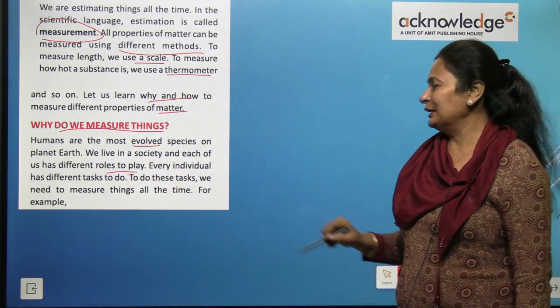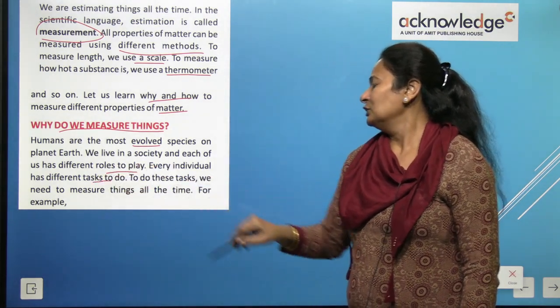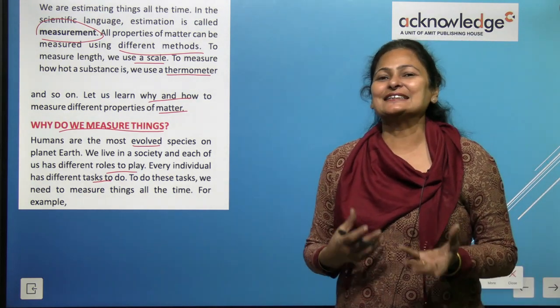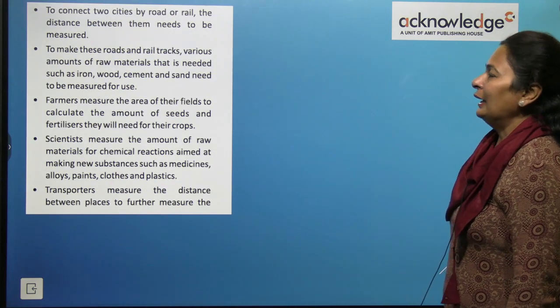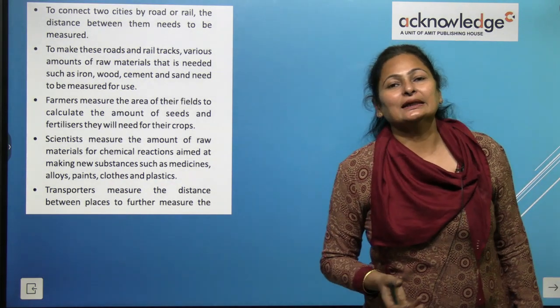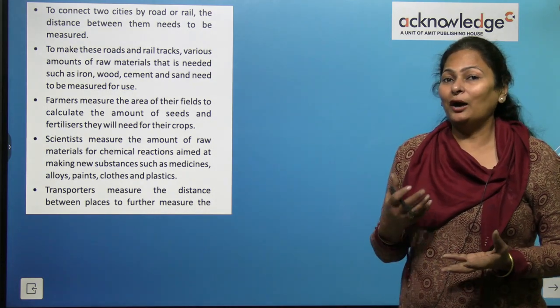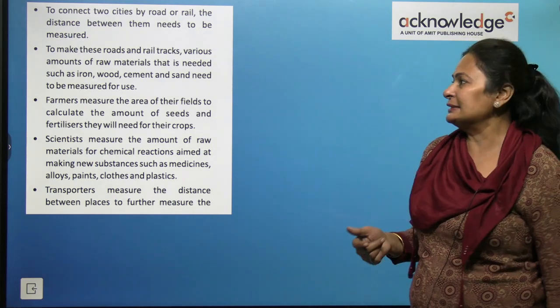Every individual has different tasks to do. To do these tasks, we need to measure things every time, right? Then only we'll come to know what quantity is needed by us, or how much we need to travel.